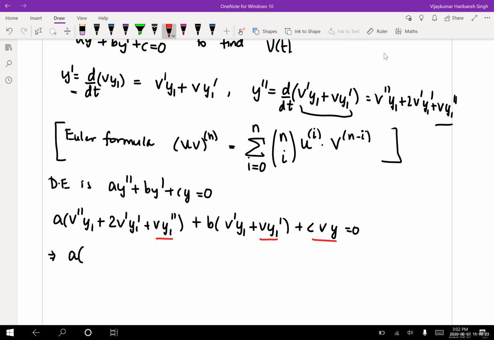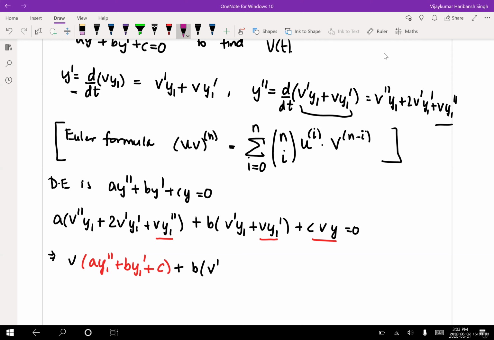If I take v common from it, we have v times a y1 double prime plus b y1 prime plus c y1. Now I'm going to collect the other ones separately.